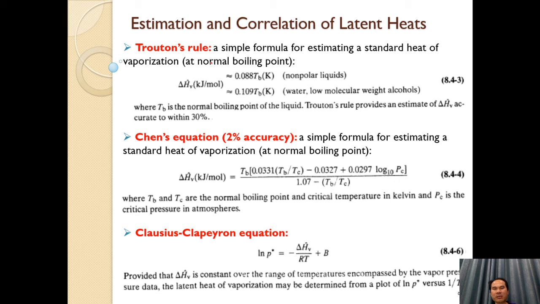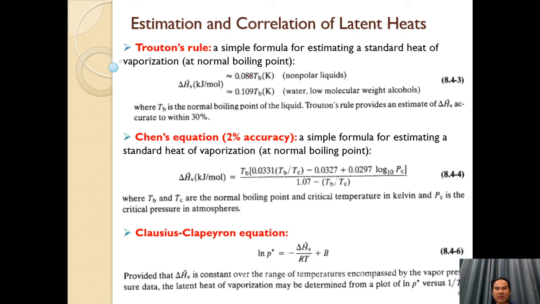And then how to estimate if you have no data of latent heat of fusion, latent heat of melting, latent heat of evaporation. There are some estimation correlation equations. The first equation, like we try to choose a simple formula for the standard heat of vaporization at normal boiling point.